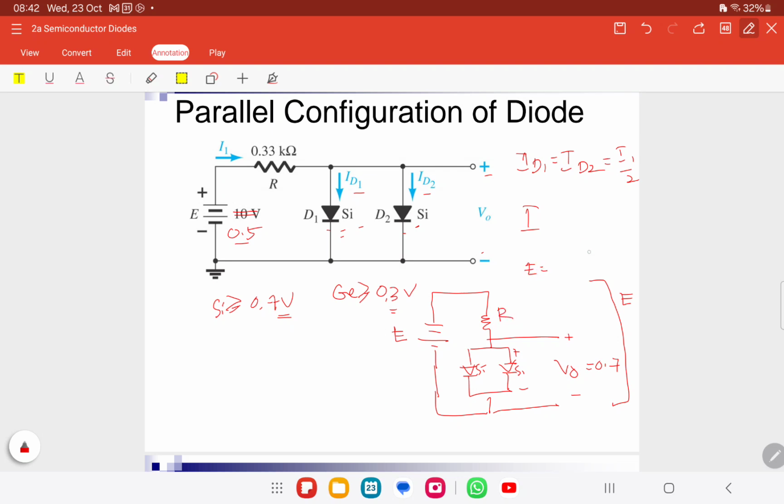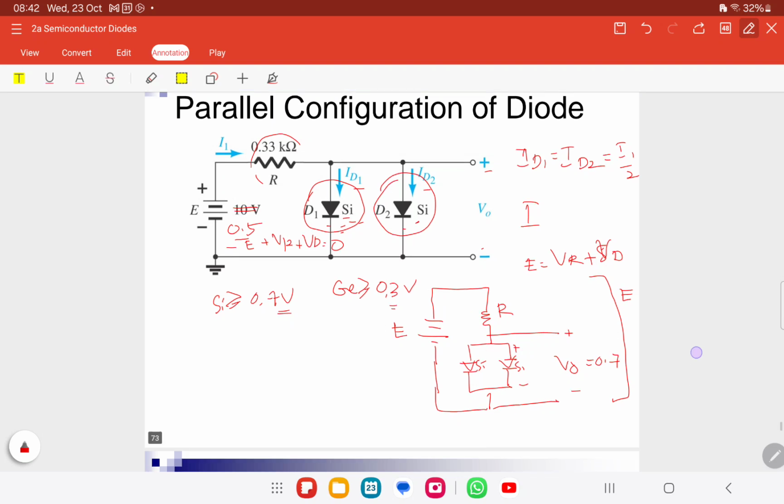E equals to VR plus VD, kan kita buat KVL tadi, minus E plus VR plus VD equals to 0. Okay, so E equals to voltage here plus voltage at this point, V out at this point sahaja.